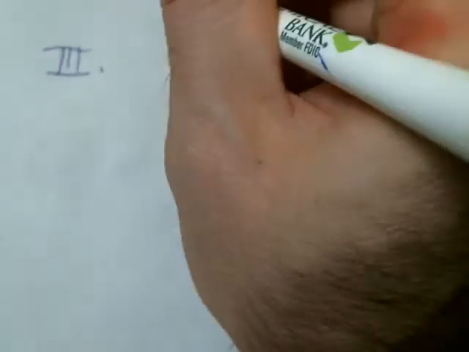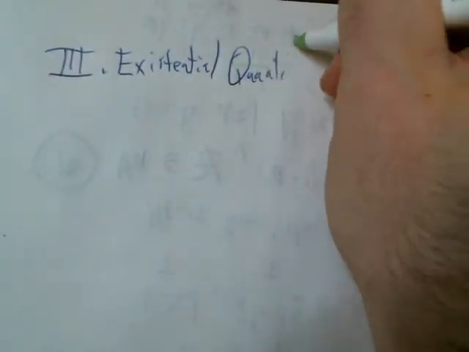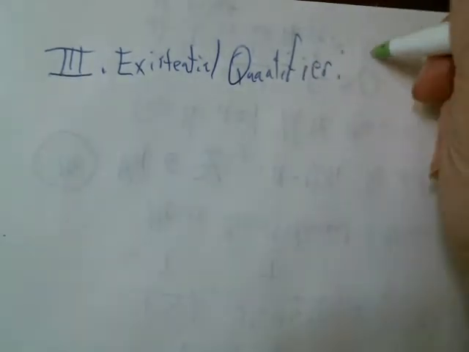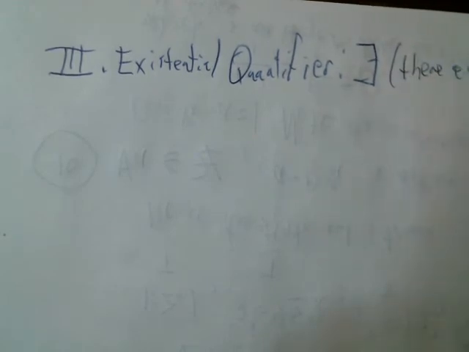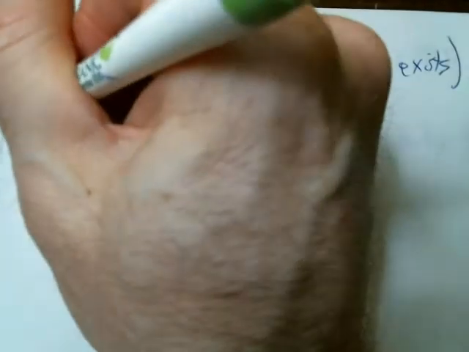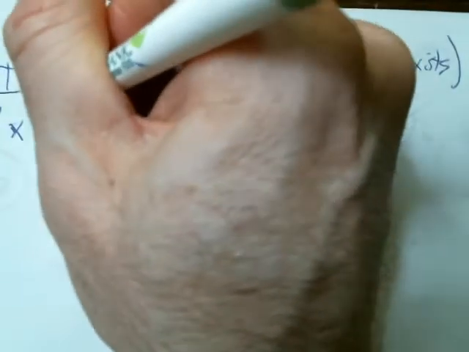Now we want to introduce the existential statements. So section 3 of my notes, the existential quantifier. We use the backwards letter E, and it means there exists. One note is when you use the for all symbol, you'll say for all x in whatever, and then you'll always have a comma.